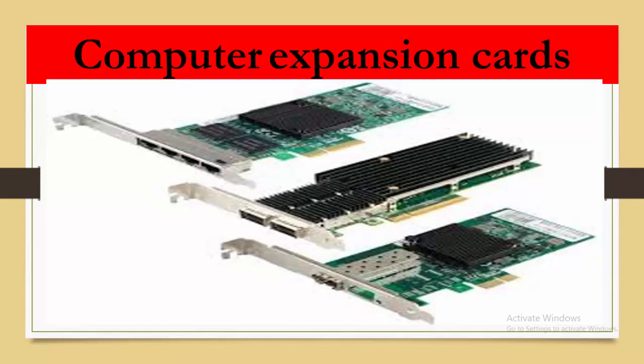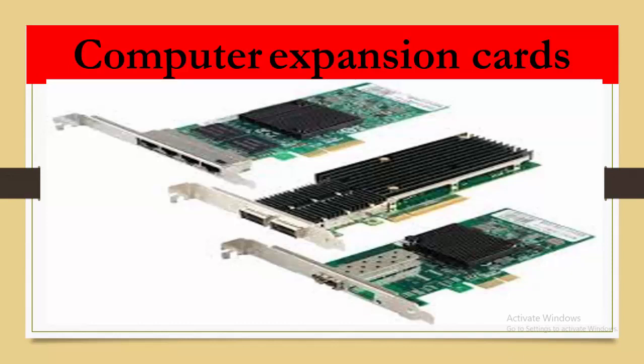It may sound obvious, but expansion cards are inserted into expansion slots. These slots are located on the PC's motherboard and provide the connection for the card into the system bus structure.